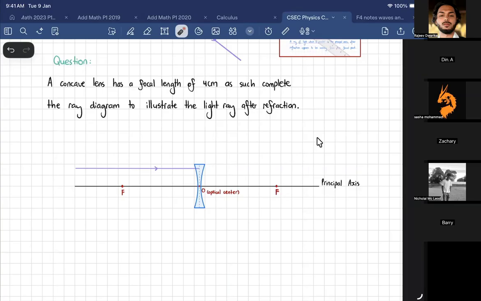You're supposed to draw the ray after refraction, after it passes through the lens, and the dotted line to the focal point. Send a picture.